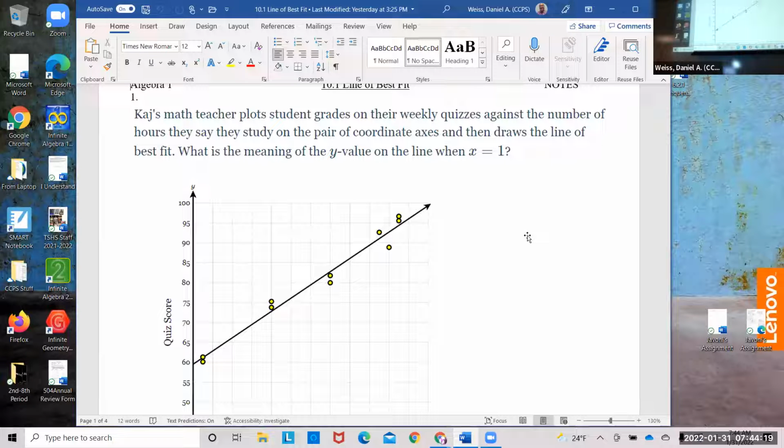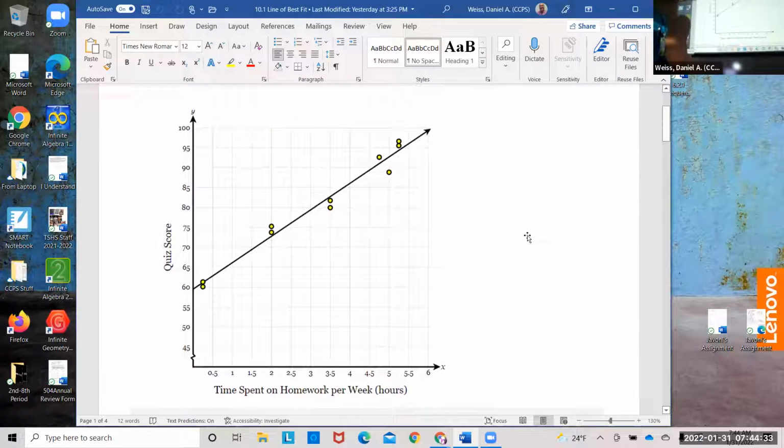For example, it says, what is the meaning of the y value on the line when x equals 1? Okay, so taking a look, in other words, people who studied 0 hours got approximately 60 on a quiz.